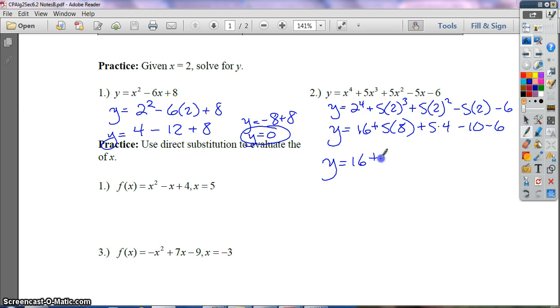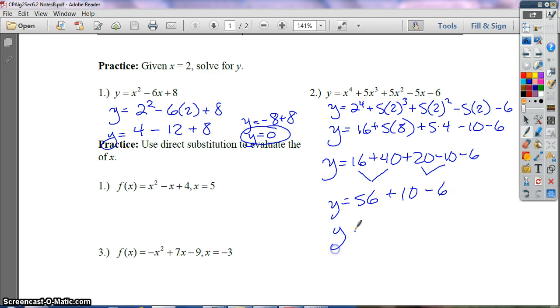This is 16 plus 40 plus 20 minus 10 minus 6. These two guys make 56. These two guys are going to make 10. And then I got 56 plus 10, which is 66 minus 6, which is 60. There you go. So 2 is finished.